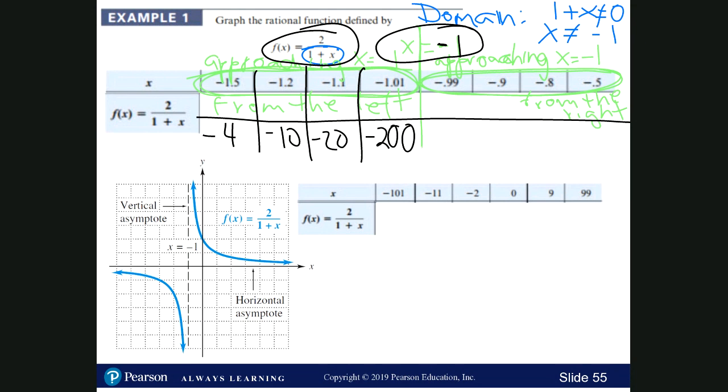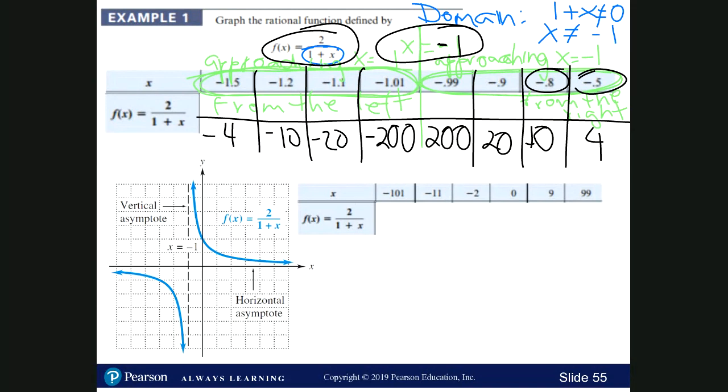So now moving on, let's say I'm approaching x equals negative 1 from the right. And for this x value, I'm going to get positive 4. For this x value, I will get not negative, but positive 10. For this x value, I'm going to get 20. And then it's going to go up to 200.